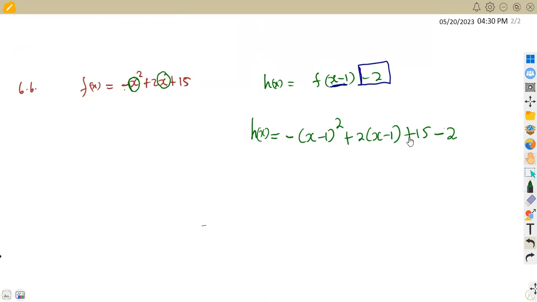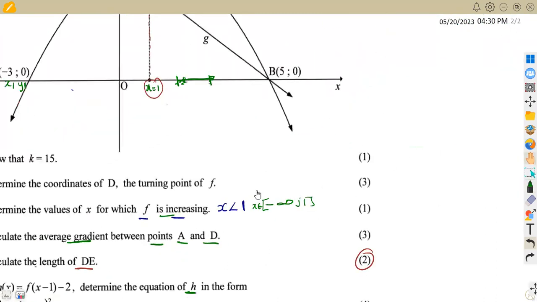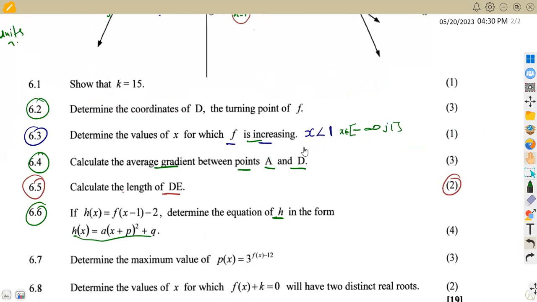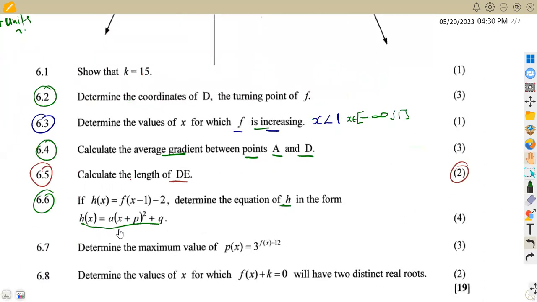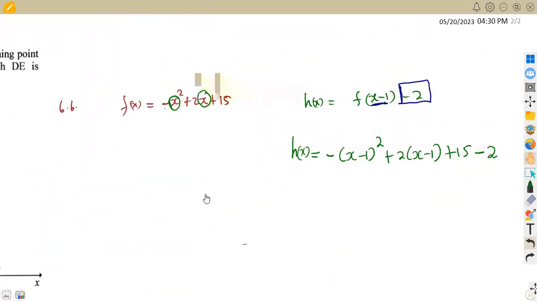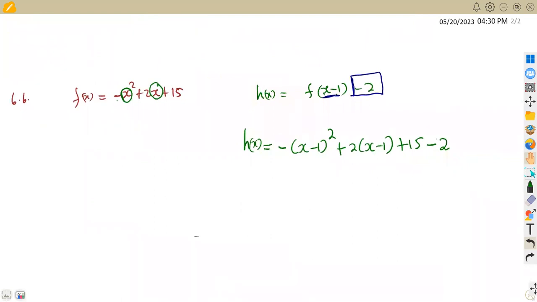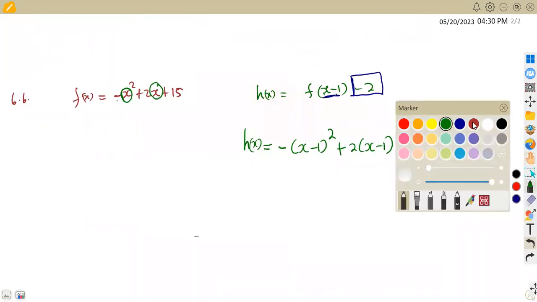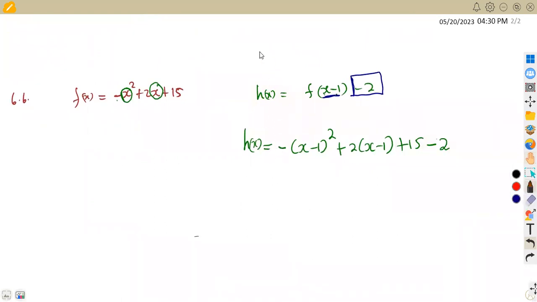This is the presentation that we were supposed to have for h of x, but now we are told that we are supposed to have our h of x in this format, where h of x is equal to a into x plus p squared plus q. What type of format is this? Where do we get this format from? We are told that our h of x is supposed to be in the form a into x plus p squared plus q.